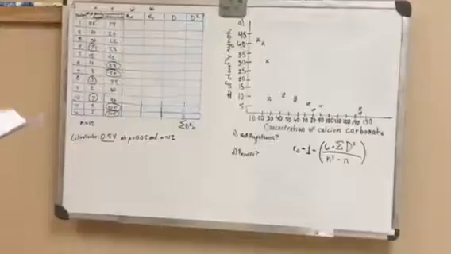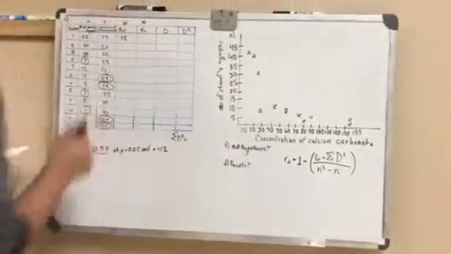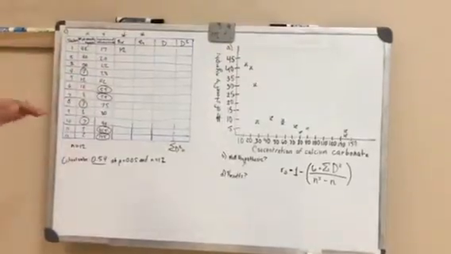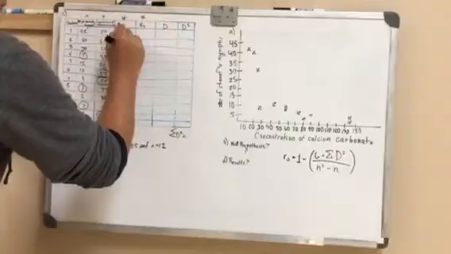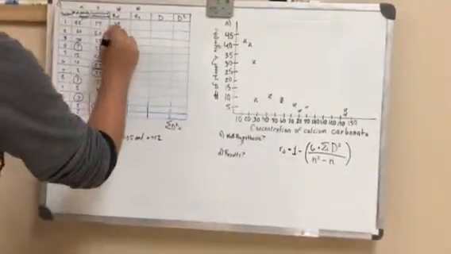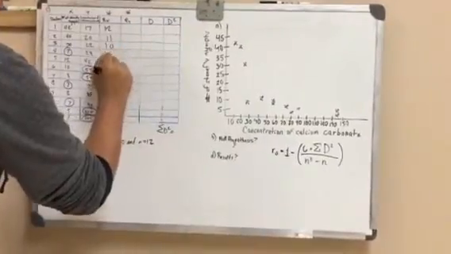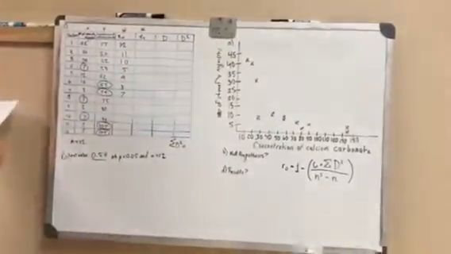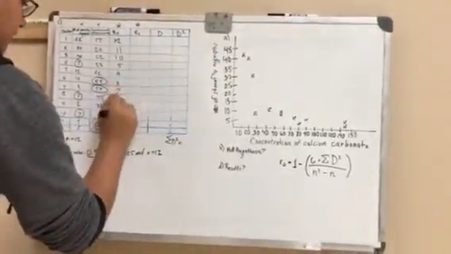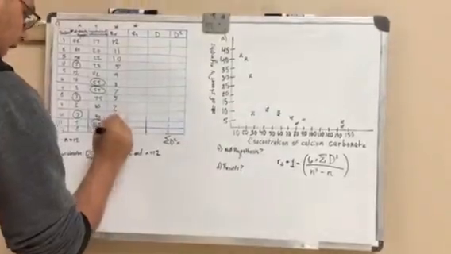So the first value would be 12, and then we basically just go down the list according to how large the numbers are. So we'll have 11 here, 10, 5, 9, 8, 7, 5, 2, 5, 3, and 1.